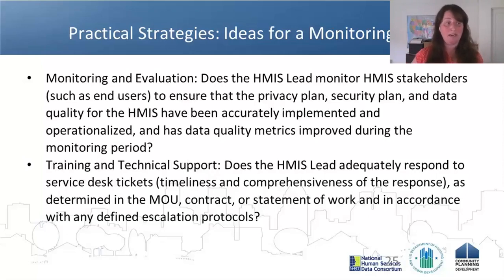I think training and technical support is a pretty tangible thing to monitor. Most of us run help desks, right, and keep track of numbers of tickets and resolution times. We know how many trainings we have to offer, how many users need to be supported, et cetera.